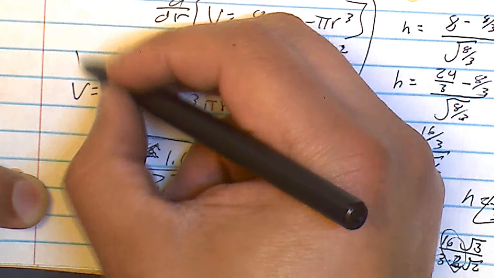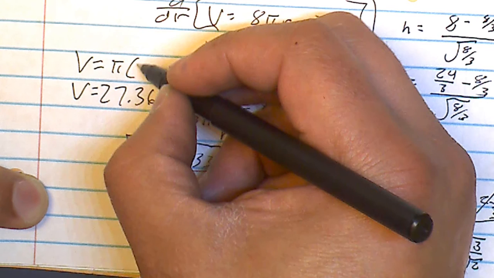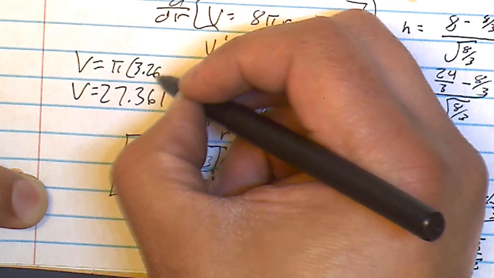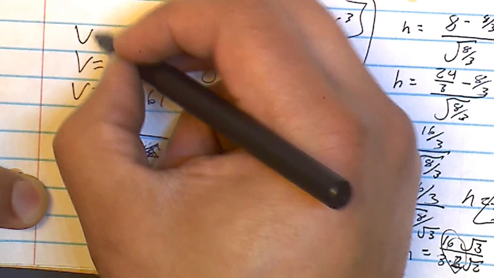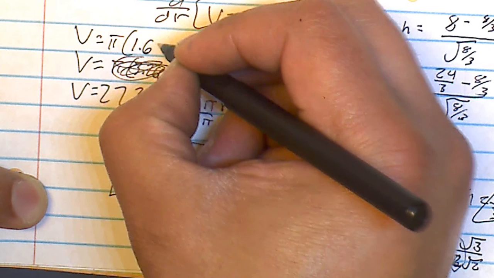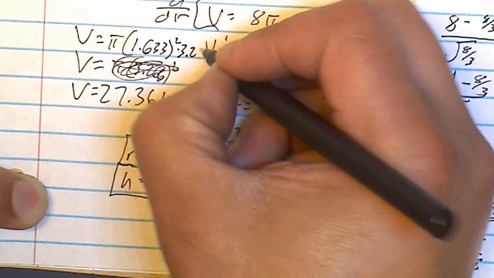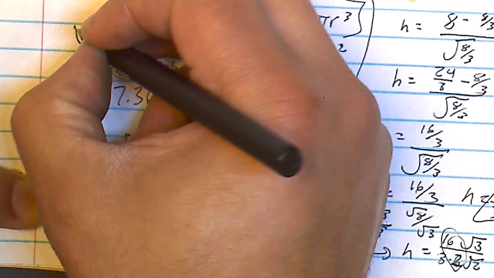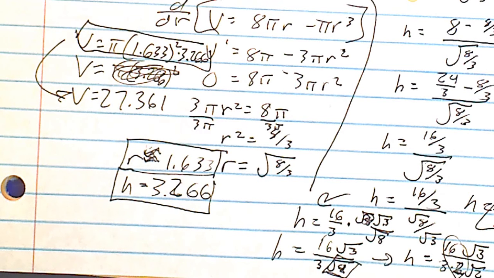So it should be pi times 3.266 squared. Wait, no, that's the radius. Pi times 1.633 squared, times 3.266. Okay, and that should give you 27.361, I think. This is all guesstimation.